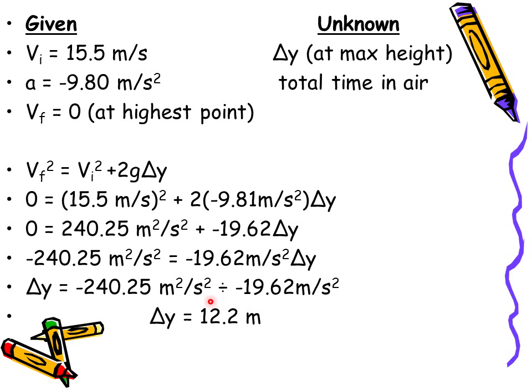The seconds squared cancel out, one of the meters cancel out, so you're left with 12.2 meters, which meters is the appropriate unit for displacement. So the ball actually rose to a maximum height of 12.2 meters.